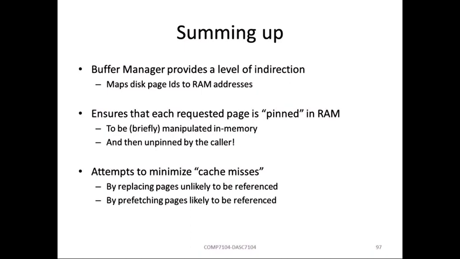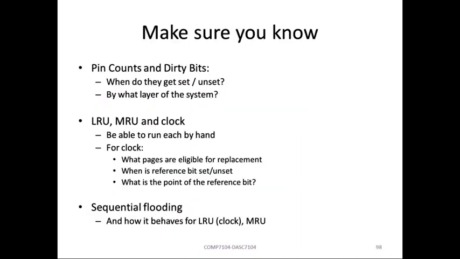And this is done by replacing pages that are most unlikely to be requested in the near future, and by prefetching pages that are likely to be requested in the near future. So replacing and prefetching are the key decisions that the buffer manager needs to take.